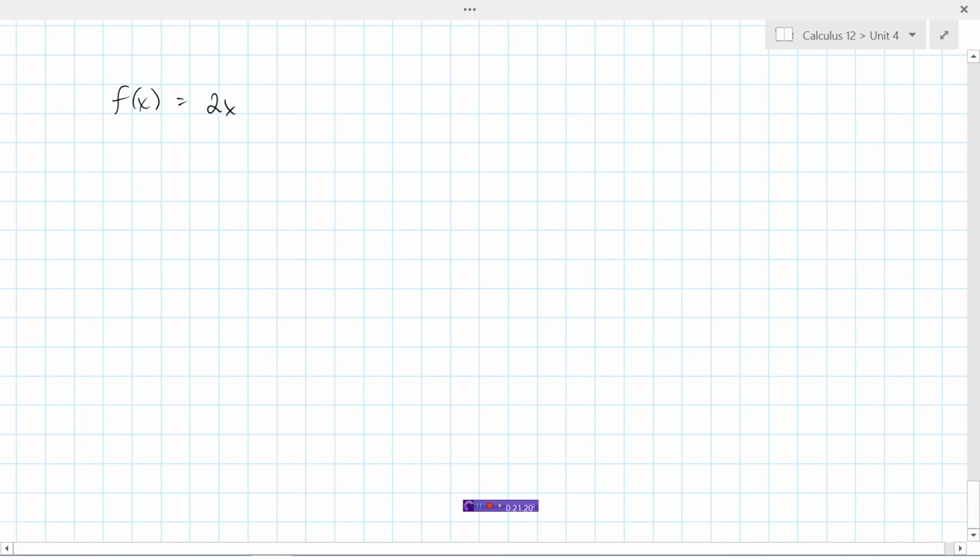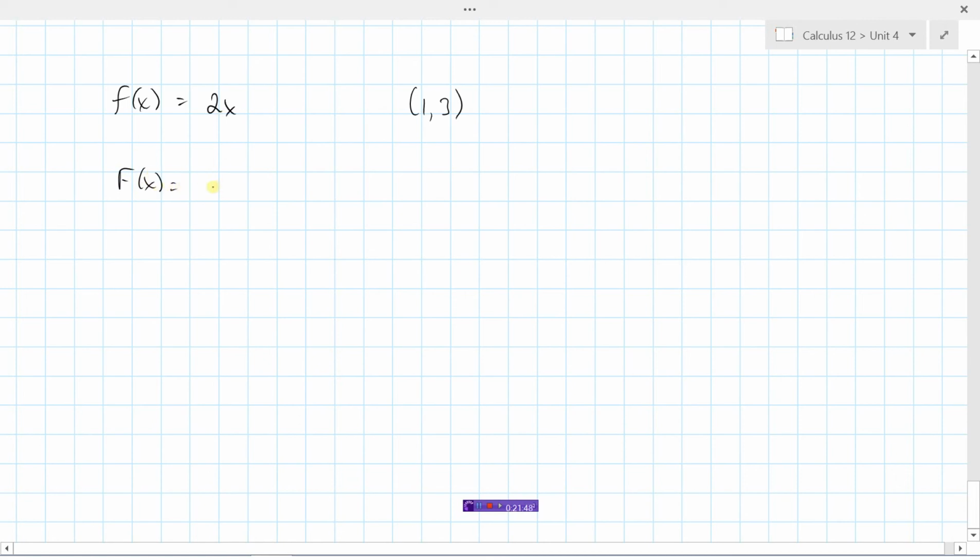Well, you might be wondering, how can I ever find out what c is, what that constant term is? The only way that we can do it is if they give us a point on the actual integral curve. So they might say f of x equals 2x, and they might say when x is 1, y needs to be 3. So okay, now I can integrate this function.